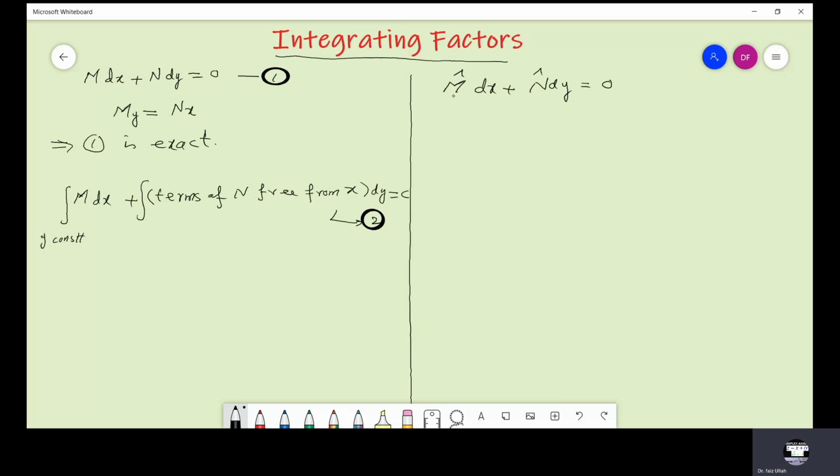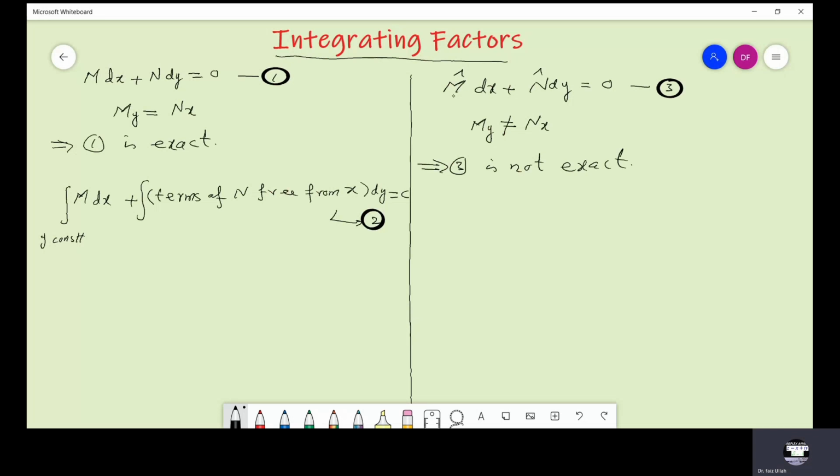So the coefficient of dx is called M. In this case, M is equal to M cap and N is equal to N cap. Now if I differentiate M partially with respect to y and N partially with respect to x, and they are not equal, we will say that equation 3 is not exact.